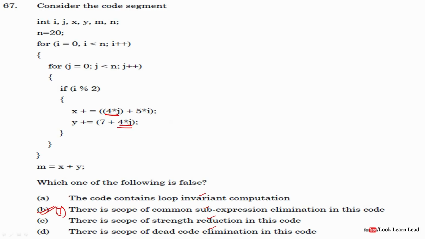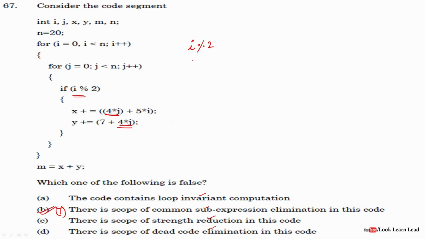Okay, next, see this one, i mod 2. The value of i would be the same in the inner loop. So i mod 2 will be the same every time from j equal to 0 to j less than n.